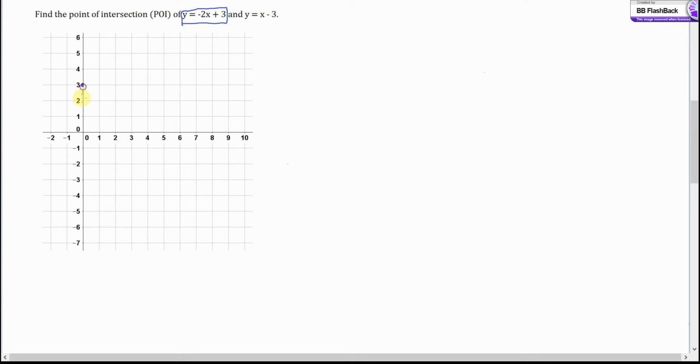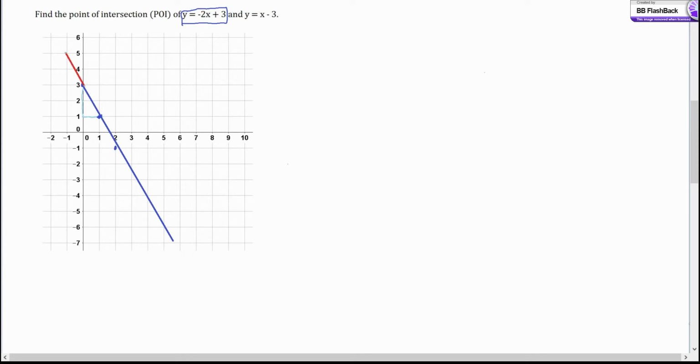Down 2 and over 1. Okay, let's draw a line through this. Great, so we have that line.